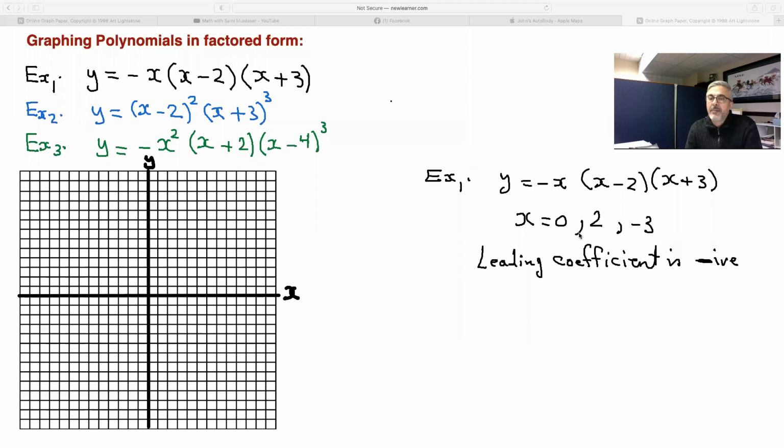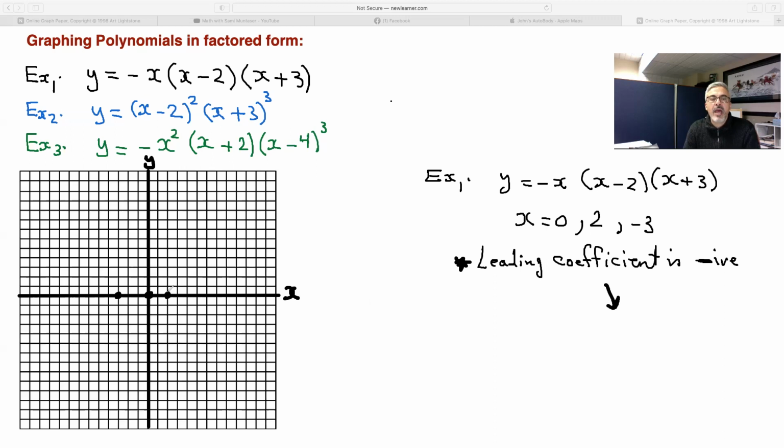So first I'm going to plot my zeros. I have a zero at 0. Whenever you have a zero that's 0, or an x-intercept that's 0, then you know the y-intercept is 0. It goes without saying. My other zero is 2, and my other zero is negative 3, right there. I said if the leading coefficient is negative, then your graph goes down from the zero on the far right.